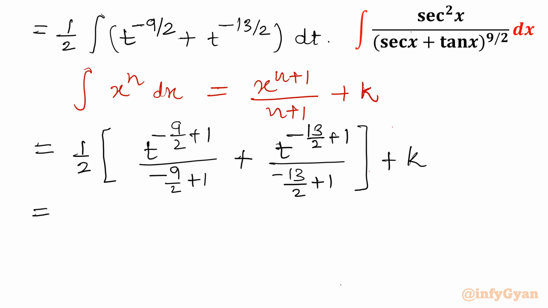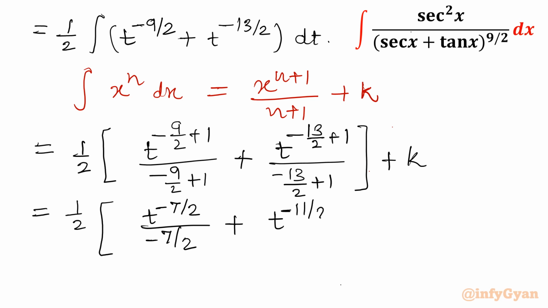Let's find out what we get after simplification. It will become minus 7 over 2 and the denominator will be as usual minus 7 over 2. Likewise, you calculate the numerator, that is t raised to the power minus 11 over 2 over minus 11 over 2, plus k.